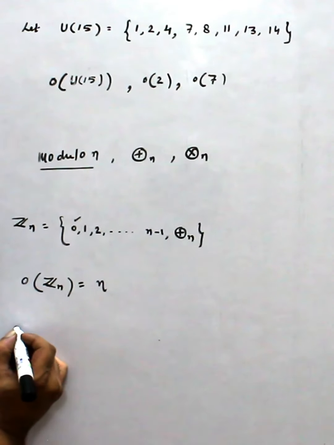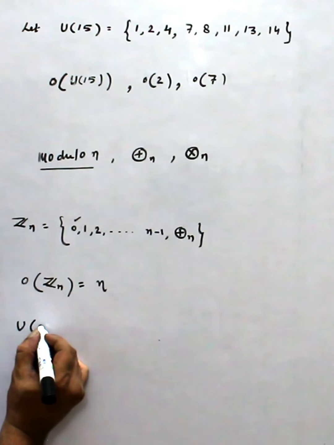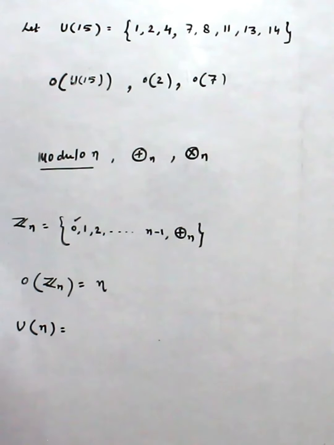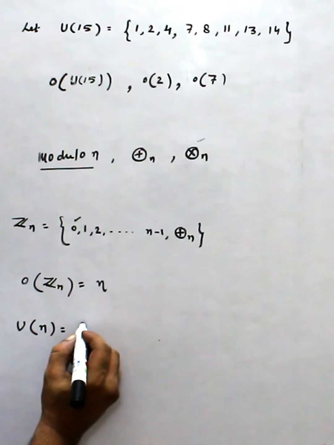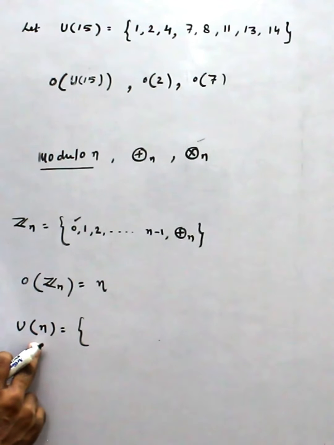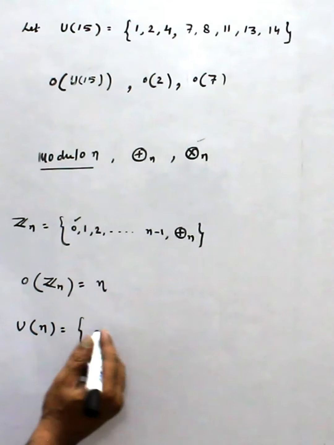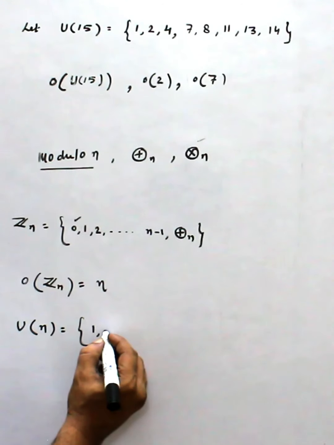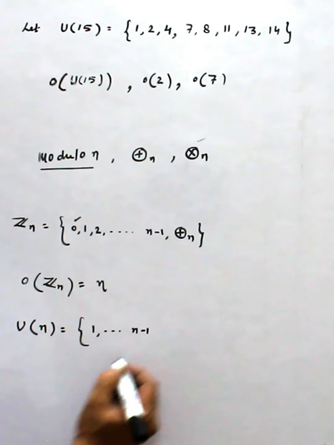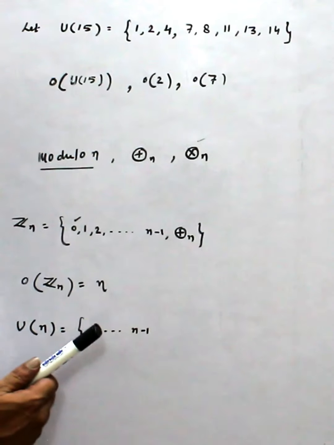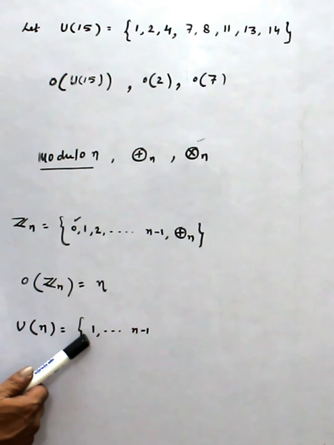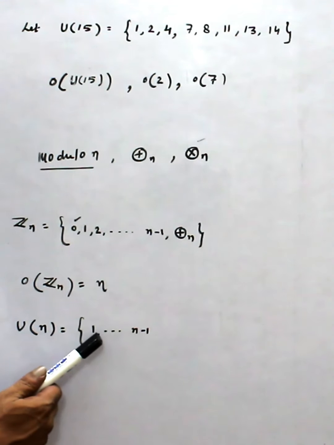Similarly, Un is a set with respect to multiplication modulo n, and the elements in this set are the integers from 1 to n minus 1, but all these integers are co-prime to n, or you can say the greatest common divisor, GCD, is 1.